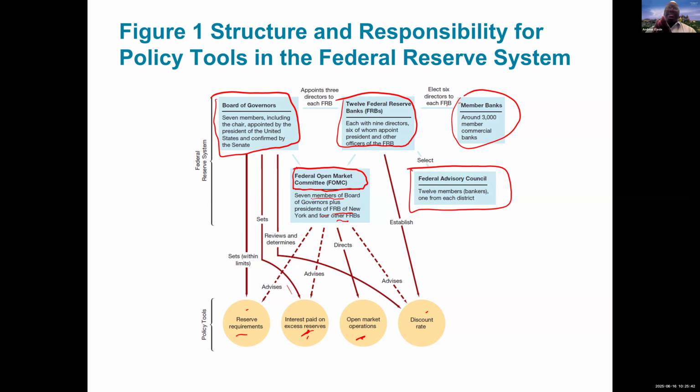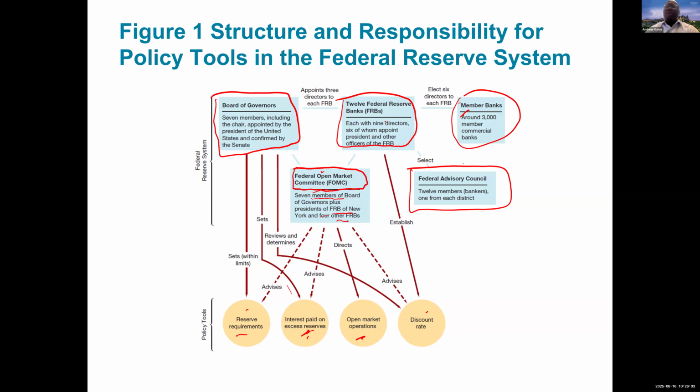So now what we're going to do next, we're going to start discussing the role of each of these entities of the Fed. What are the functions of the Board of Governors, for example? What are the functions of the Federal Open Market Committee, these 12-member bodies that meet like 8 times a year in Washington, D.C., to decide whether or not to increase or decrease interest rates?